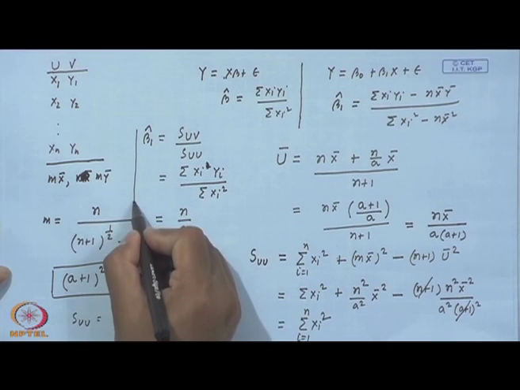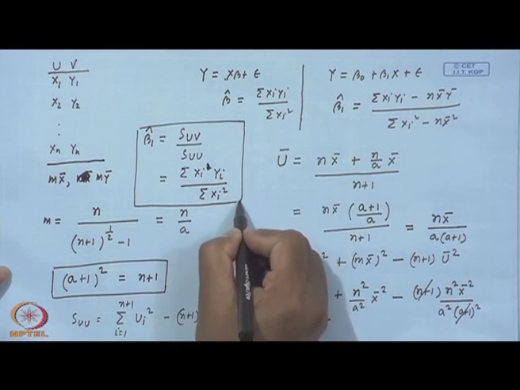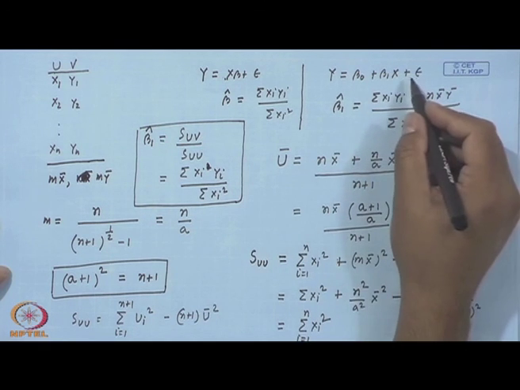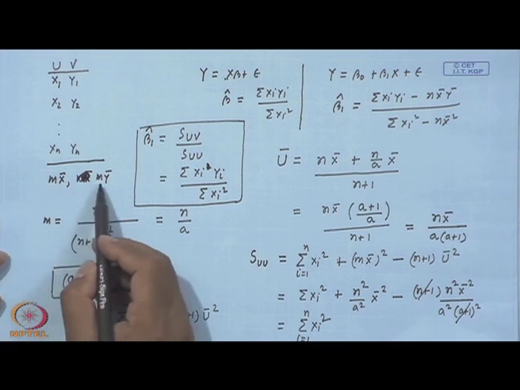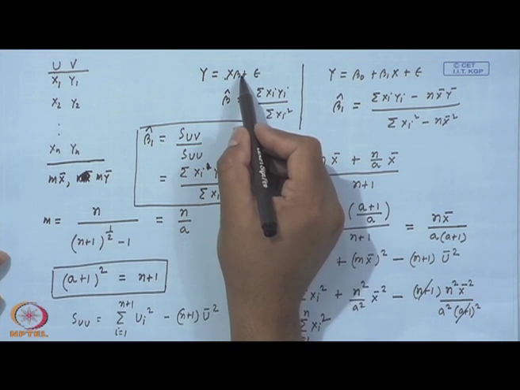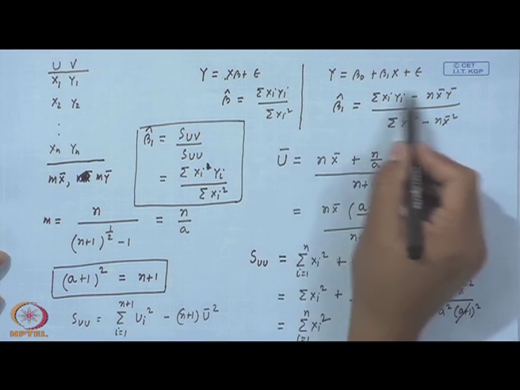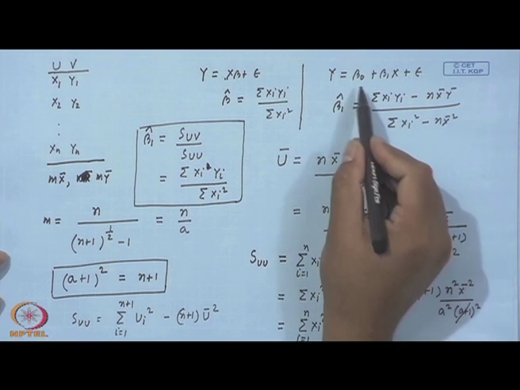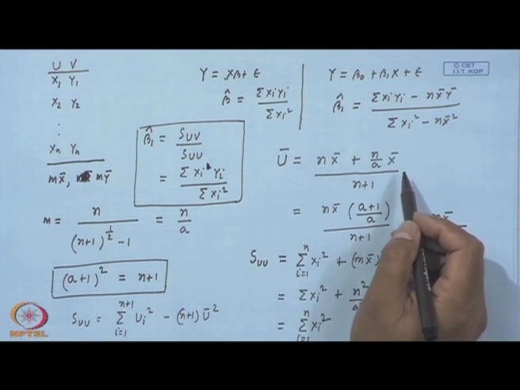So, you proved that using the programmed calculator, if you add a fake data here at the end, then you can estimate the model without intercept using the formula of the model including the intercept. Okay. So, that is what we proved just now.